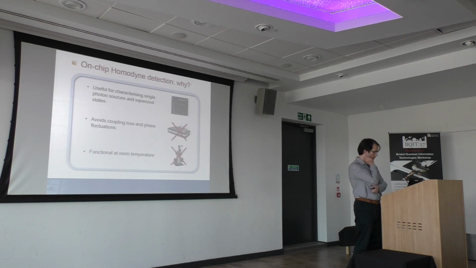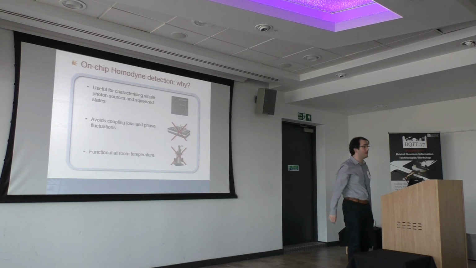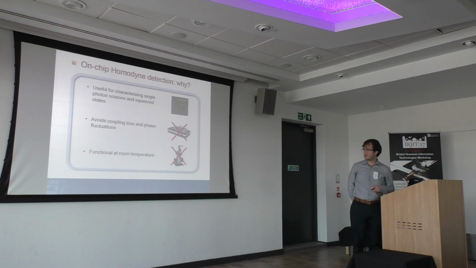Okay, so why do we want to make this integrated? Well, there are all sorts of reasons for this, but some of the main reasons are that we have things like single photon sources, and hopefully in the future we will have things like squeezed states on chip. Every time you couple onto or off of a chip, those of you who are in integrated photonics know you undergo quite a bit of loss. And loss is a big problem in continuous variable quantum optics.